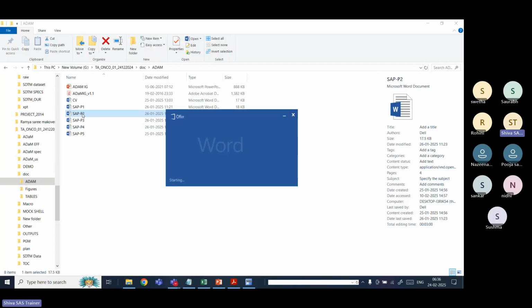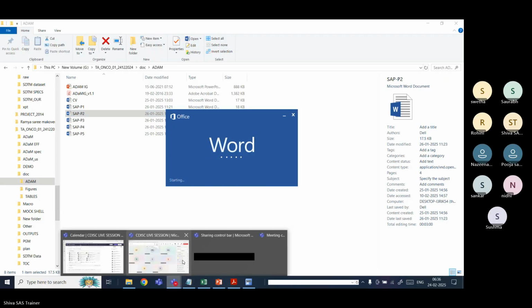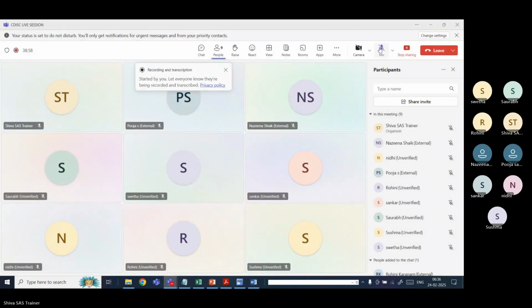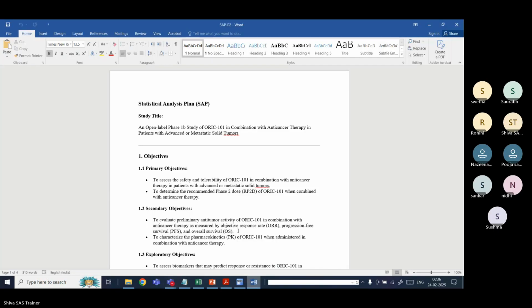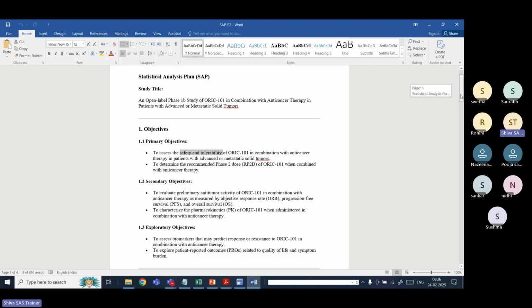And the second study. The second study is related to ORIC 101. This is for advanced metastatic solid tumors. In this, the primary objective is only safety and tolerability, whether the subject is able to take this drug safely or not.